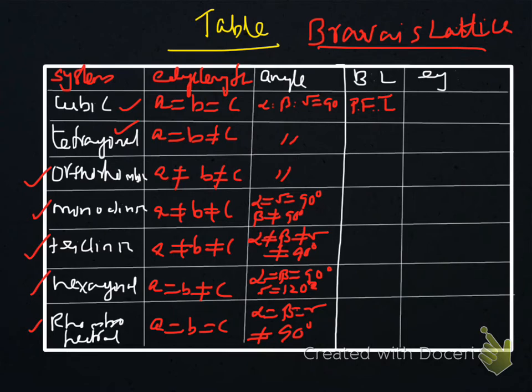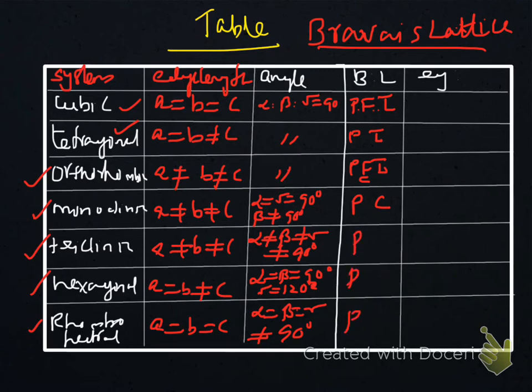For the tetragonal system, P and I. Orthorhombic: P, F, I, C. C means end centered. For the monoclinic system, primitive and end centered. Thereafter we have primitive only.